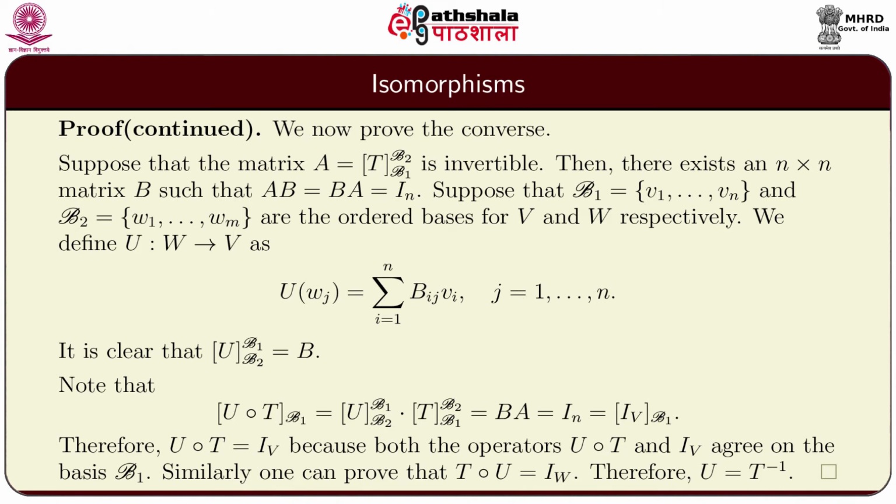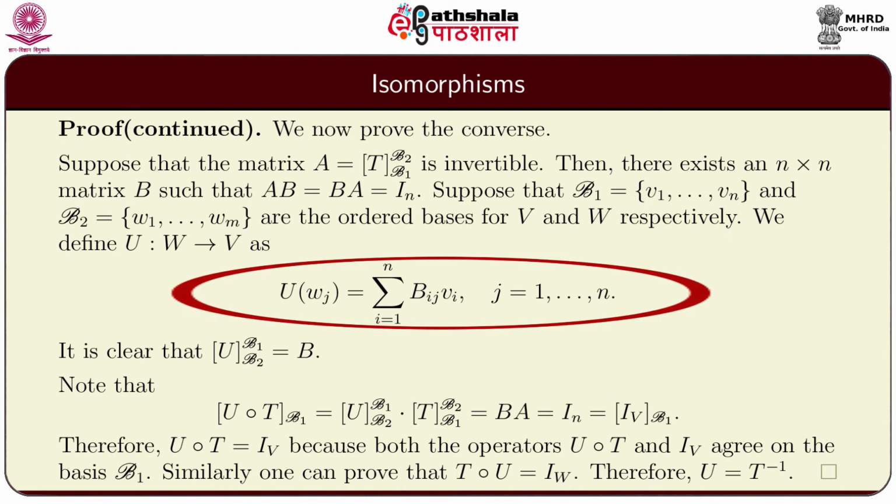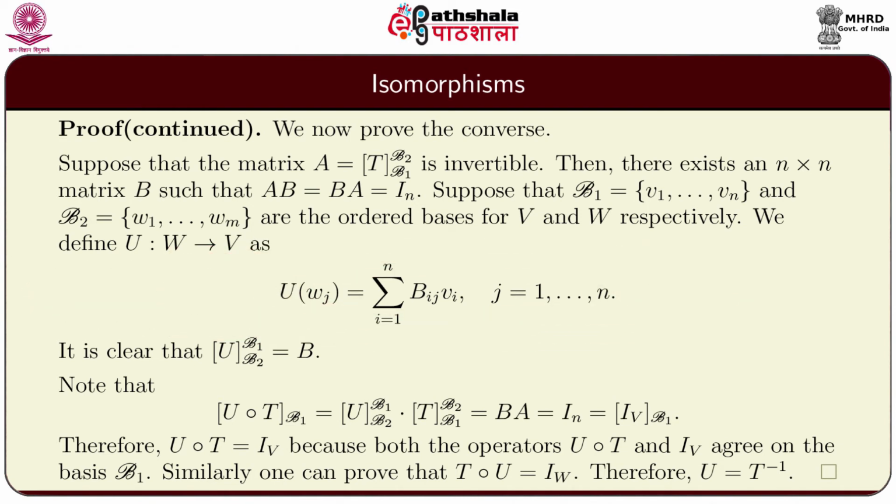Now, we define the map U from W to V as U of Wj is equal to the summation of Bij Vi, the summation over i equal to 1 to n, and this is true for every j equal to 1 to n. And it is clear from the definition that the matrix representation of U with respect to the ordered bases B2, B1 is nothing but B.